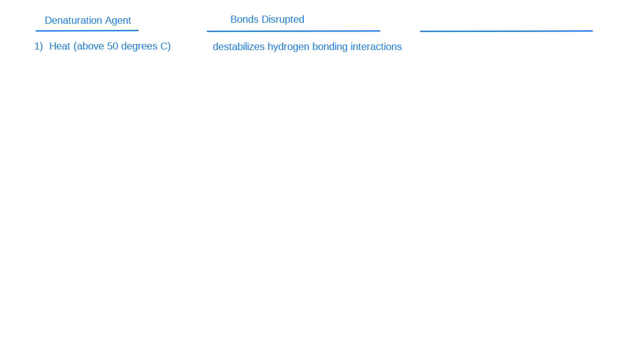Usually, it's the hydrogen bonding interactions and hydrophobic interactions that are disrupted. What are some examples? The biggest example is cooking food. Cooking an egg, you can see the egg gets solid because the proteins are denatured.